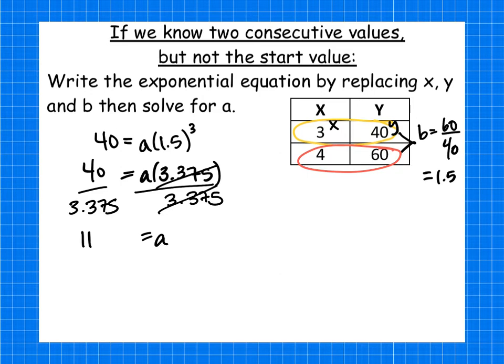So I'm just going to round that to 11.85. Now I know A and I know B, so y equals 11.85 times 1.5 to the x.